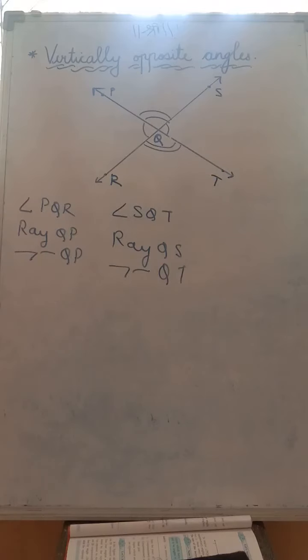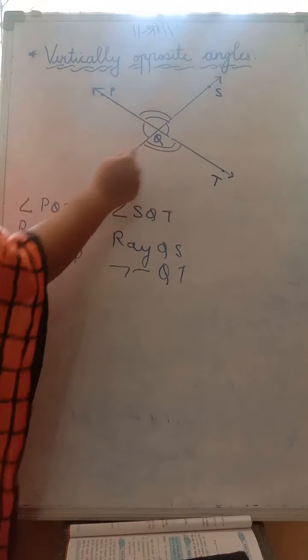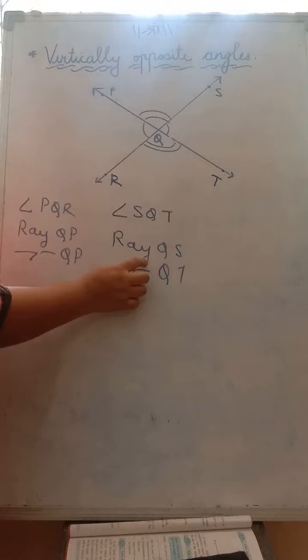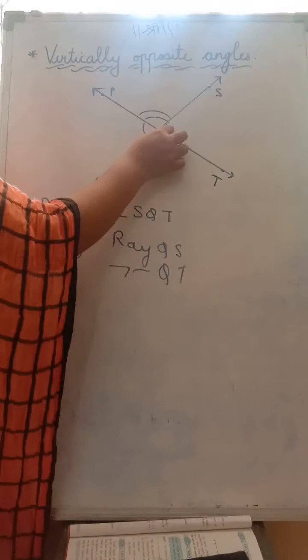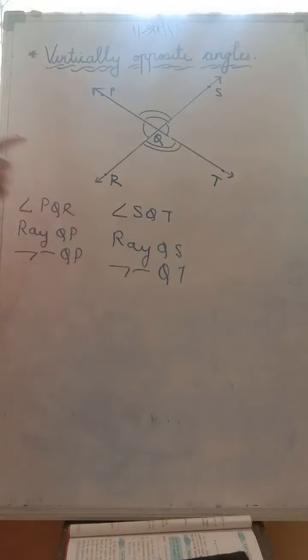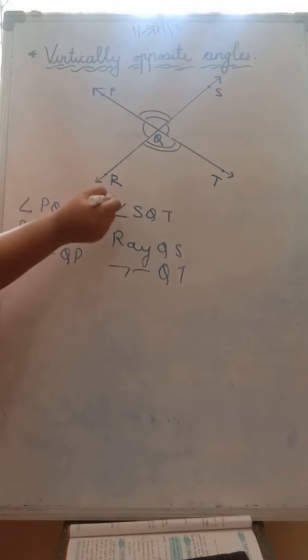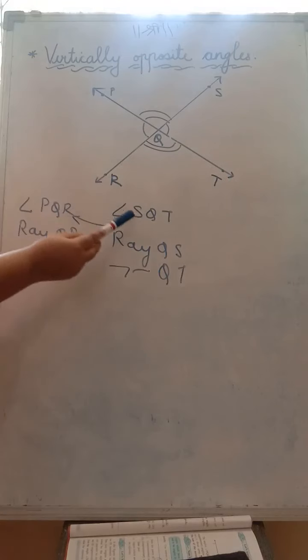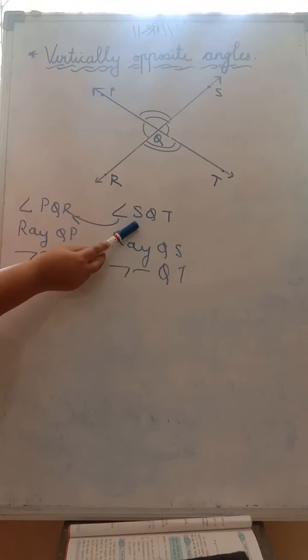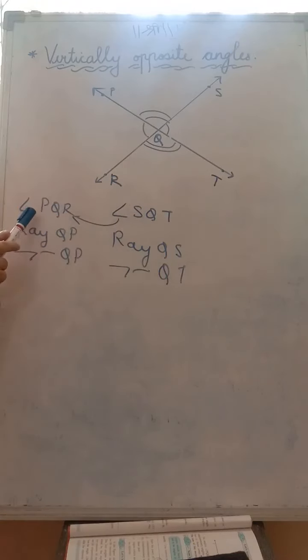As these rays are opposite to each other, the angle formed because of them is angle SQT, and that is opposite to angle PQR.